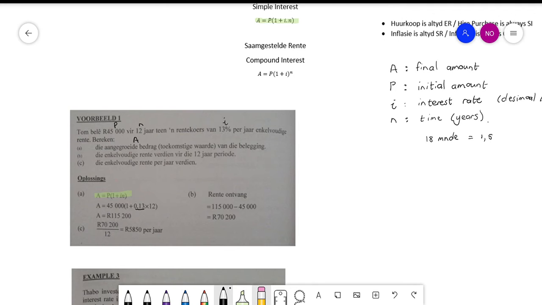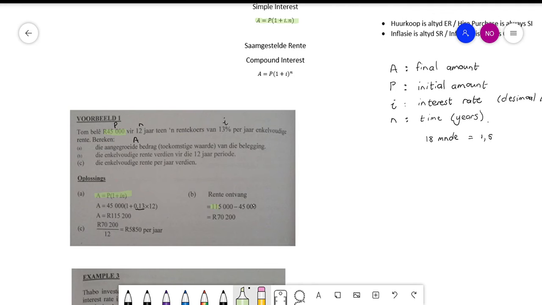Okay, dan vra hulle vir jou die enkelvoudige rente verdien vir die 12 jaar. So when they're asking you how much interest you accumulated in the 12-year period, then you have to think, okay, if you invested the 45,000 in the beginning and you ended up with 115,200, then the difference between those two will give you the interest that accumulated.